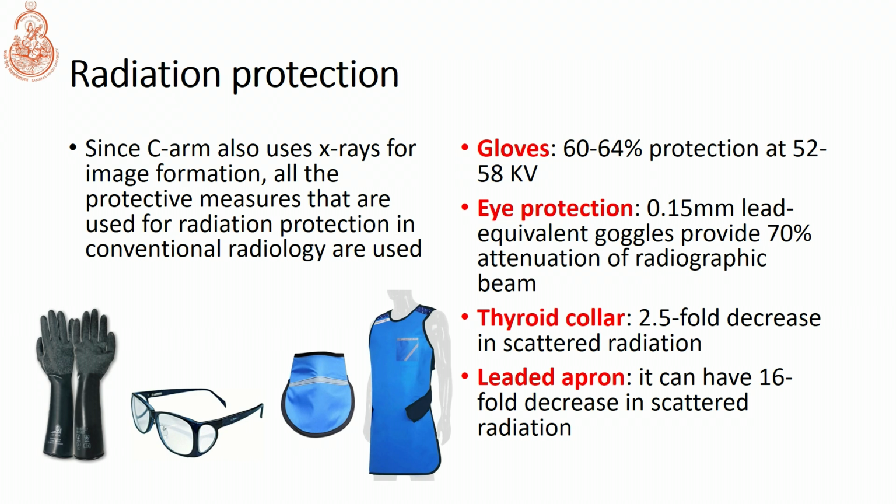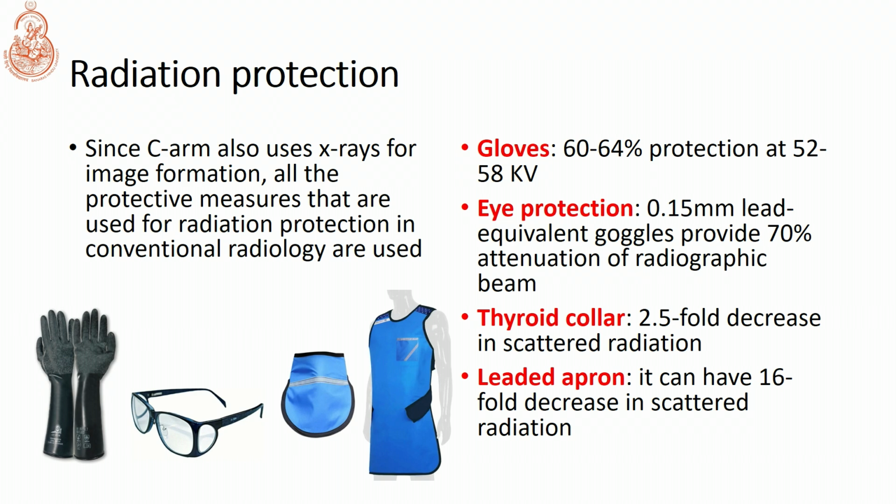The leaded gloves are going to help us in protecting somewhere around 60 to 64% when the factor is kept between 52 to 58 kilovoltage. While the lead goggles have a lining of lead, the thickness of the lead lining is somewhere around 0.15 millimeters, and these goggles provide 70% attenuation of the radiographic beam.